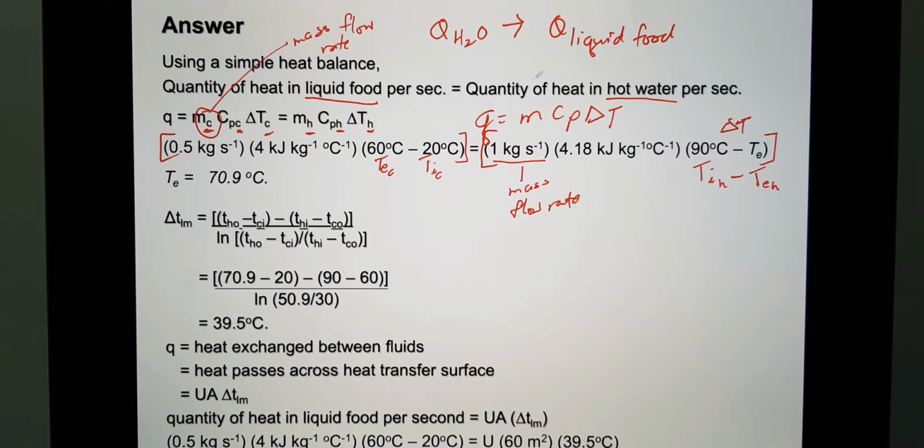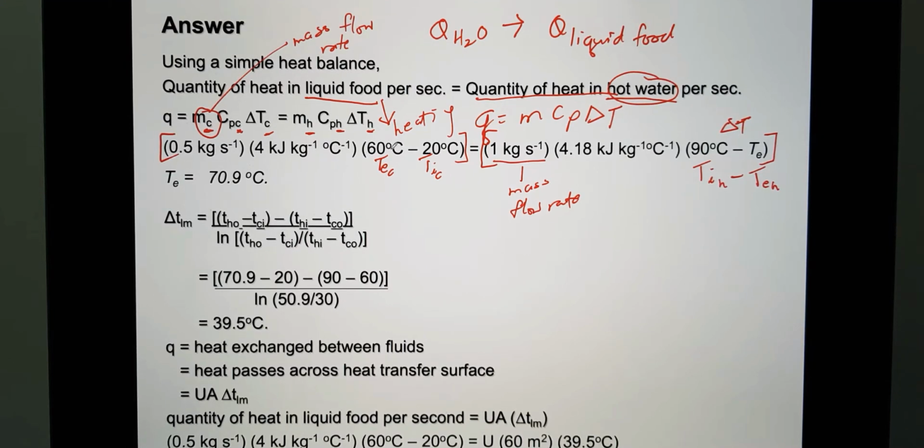Because the temperature for hot water is higher compared to liquid food. And this particular problem statement requires us to heat the liquid food to a certain temperature. We want to achieve the liquid food temperature at 60 degrees Celsius.